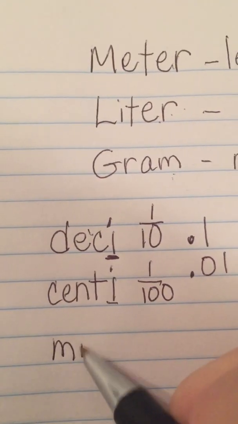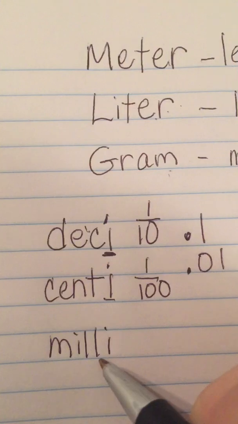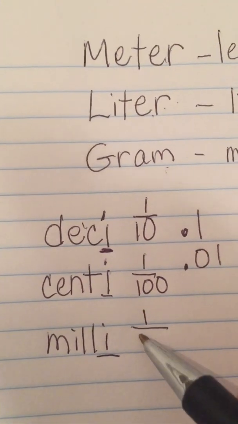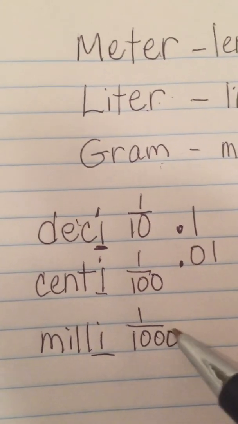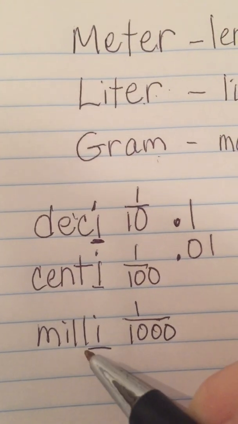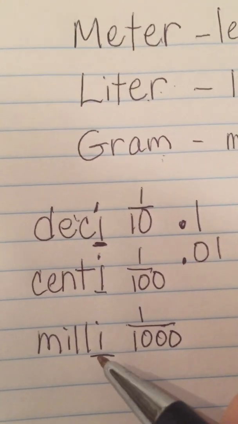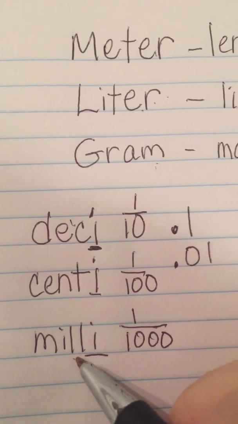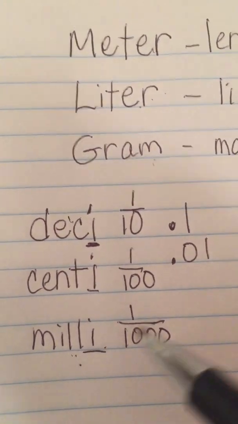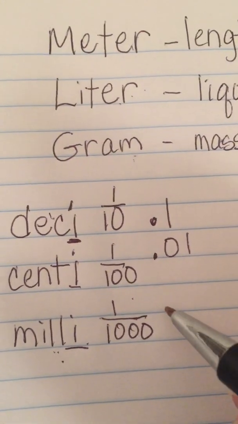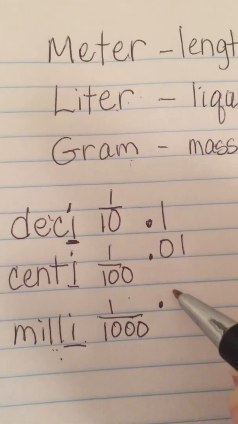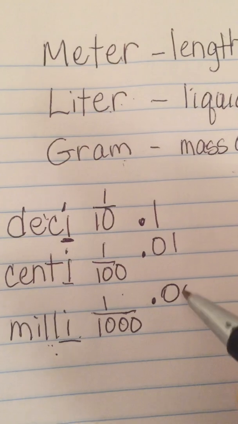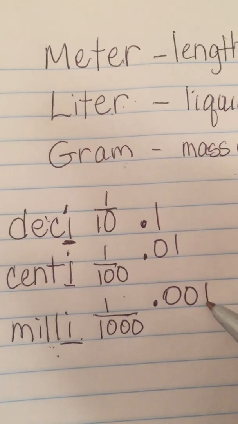Milli is 1/1000th. And I don't know why I think about a millipede, because it doesn't have 1,000 legs, but I guess because that's the biggest number, Solomon. So milli is 1/1000th, and that would be decimal 0.001.